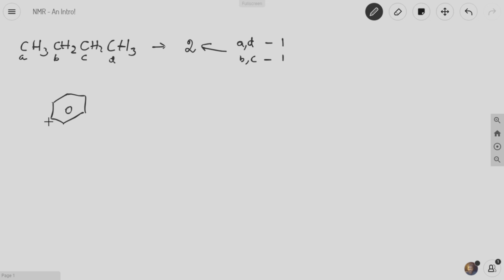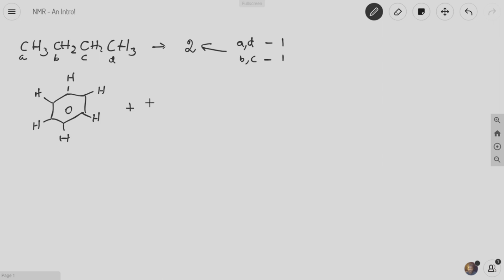This is a very common molecule, benzene. What I'm trying to say is, if you remember the basic organic concepts, you can easily identify the number of signals based on the chemical environment.